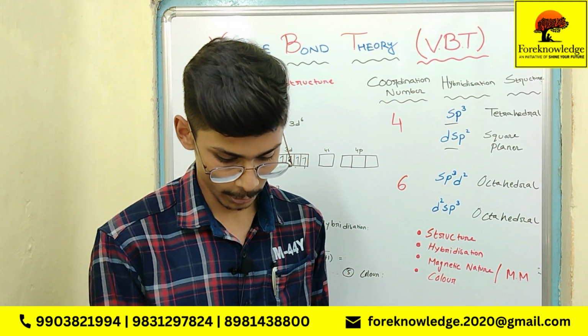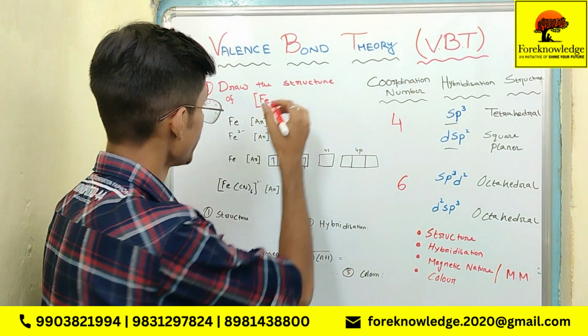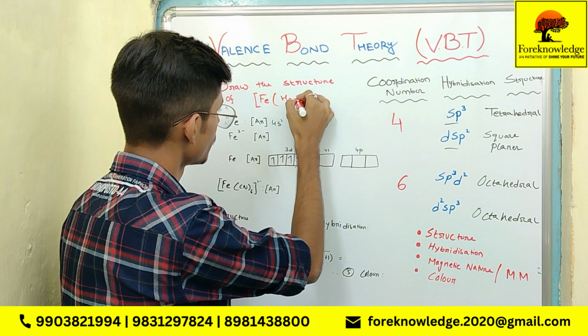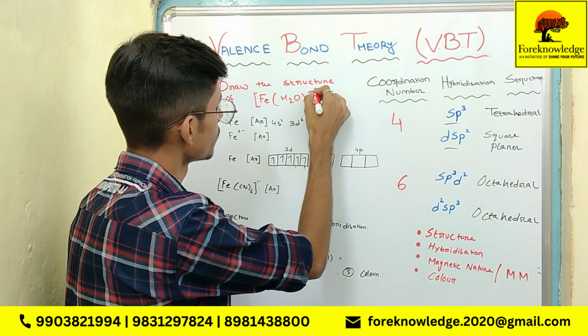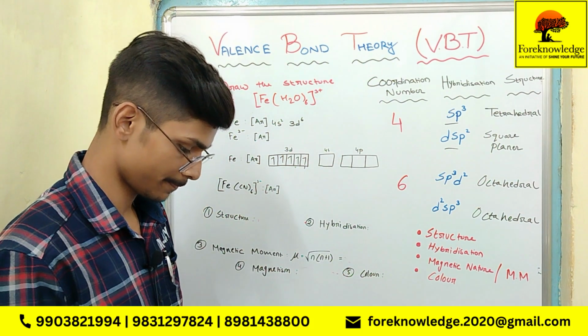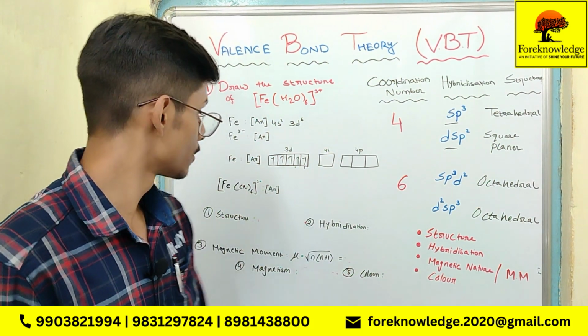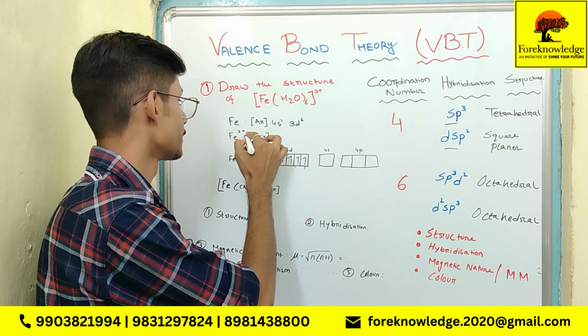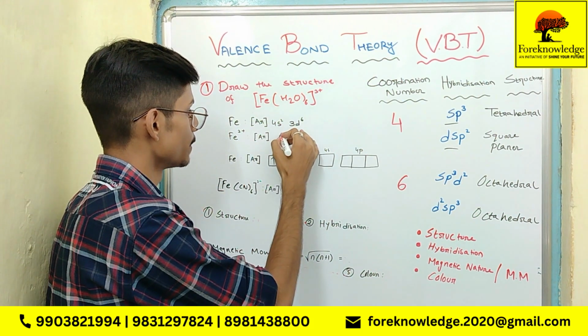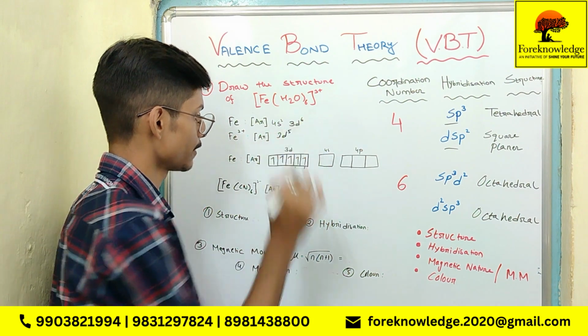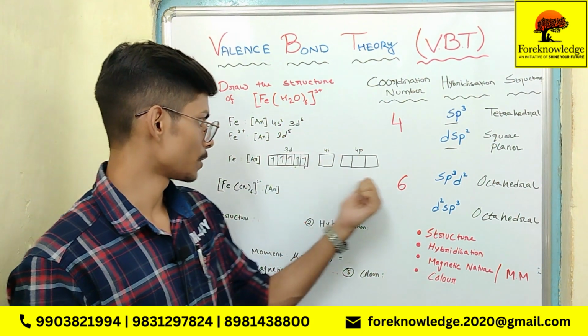So now the structure will be [Fe(H2O)6]3+. Similarly, Fe3+ will be the same, 3d5, and this one will also be the same.